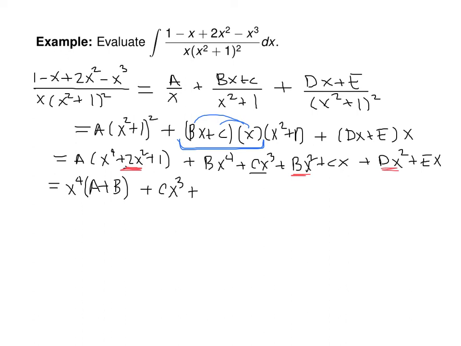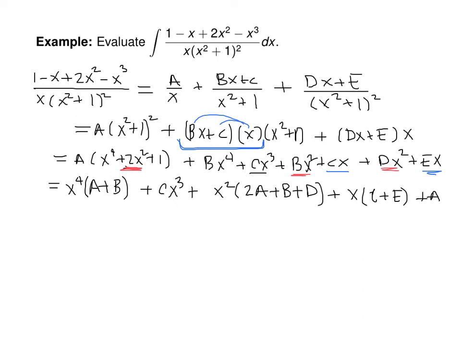So that will give us x squared times 2a plus b plus d. And then the x terms, we have the cx and the ex. So plus x times c plus e. And then lastly, constant terms, we just have this a, so plus a.